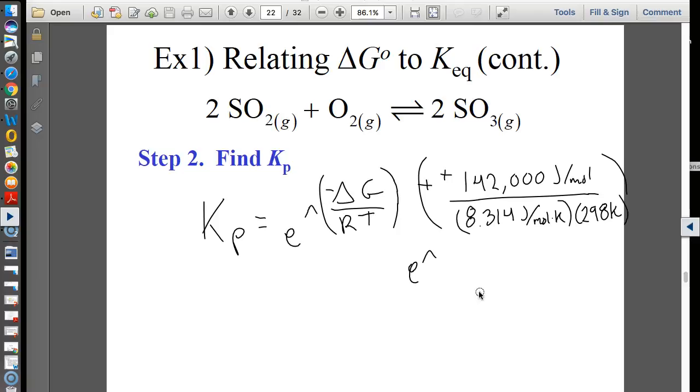Close that parentheses. Now that is the exponent on the E. So now hit second and natural log and get that E going. And then answer, and don't close your parentheses on the answer. Let me know when you get 7.78 times 10 to the 24th.